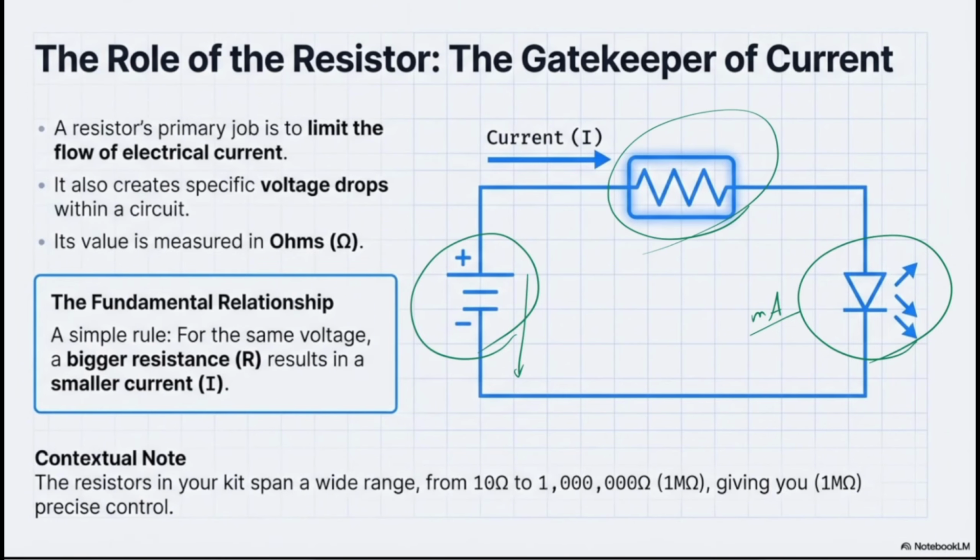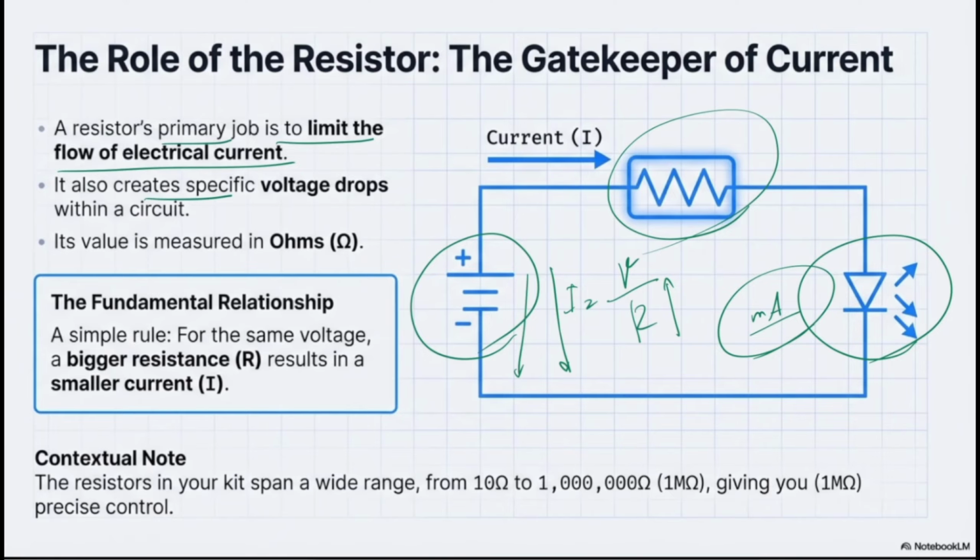By having this resistance, based on Ohm's law, what am I doing? I'm increasing the resistance and also reducing the total current. So I'm sure that my LED is not going to tolerate that much current, and everything is going to be safe. So again, the resistor's primary job is to limit the flow of electrical current.